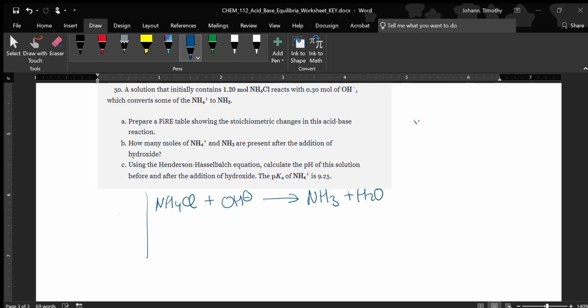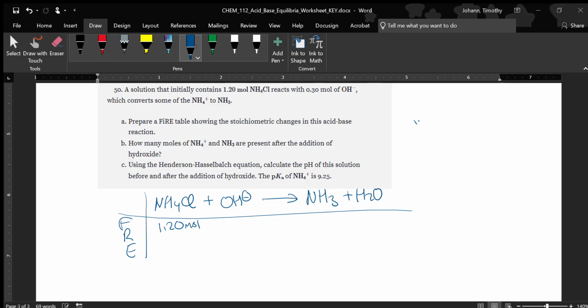Okay, and so we've got our ICE table. First, initial: we start out with 1.20 moles of this. It reacts with 0.30 moles of this.